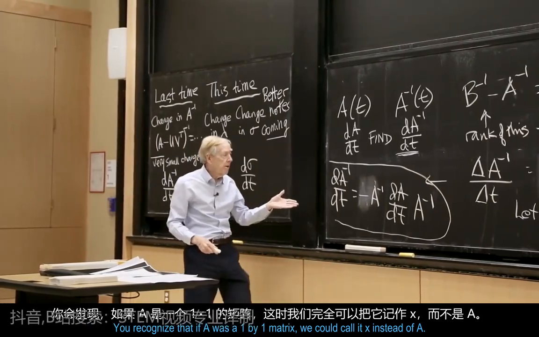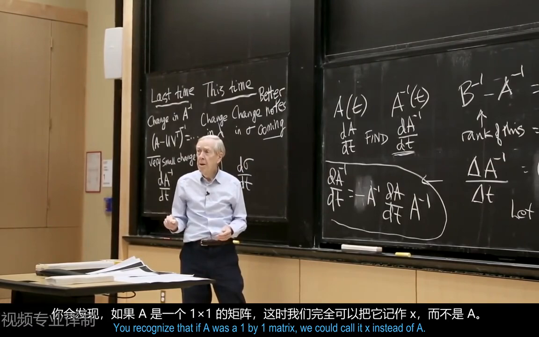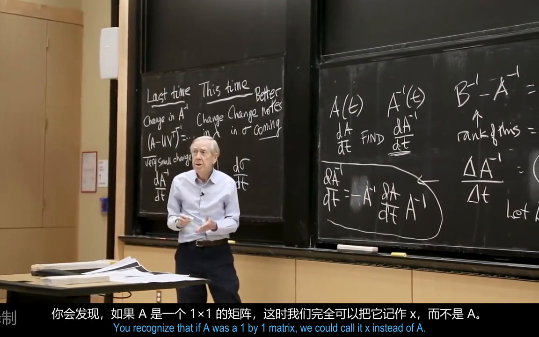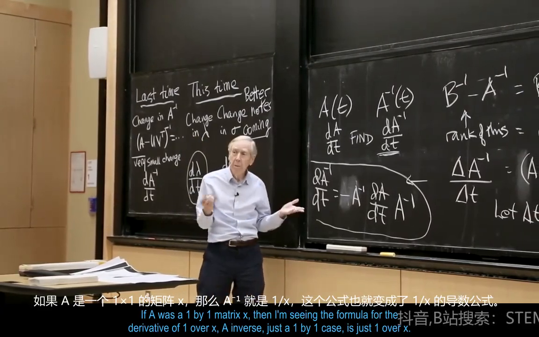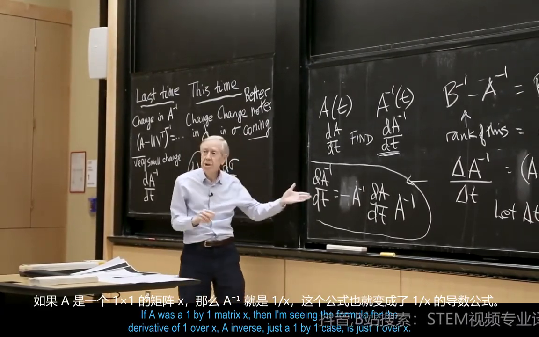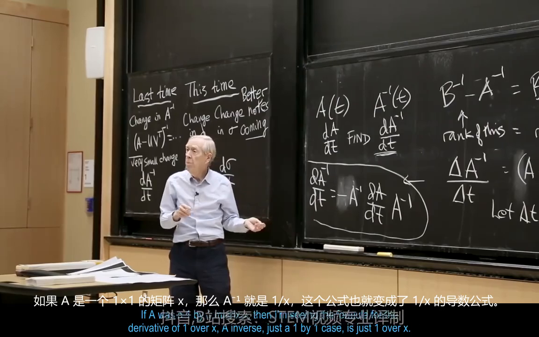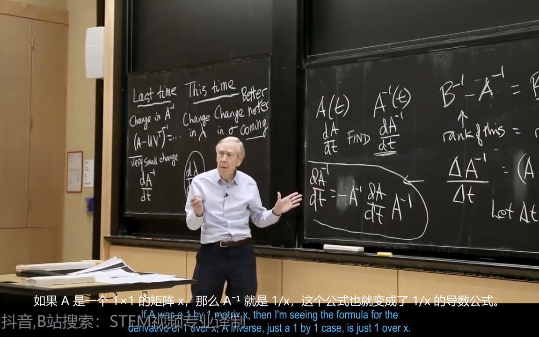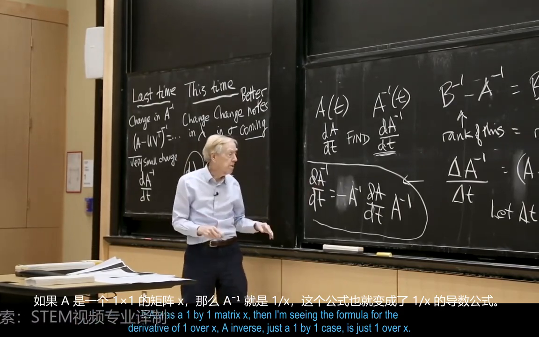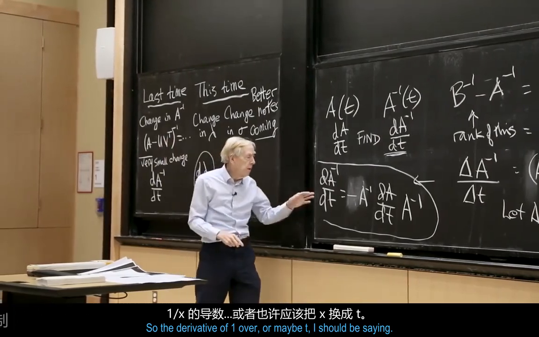You recognize that if A was a 1 by 1 matrix, we could call it X instead of A. If A is a 1 by 1 matrix X, then I'm seeing the formula for the derivative of 1 over X. A inverse, just the 1 by 1 case, is just 1 over X. So the derivative of 1 over, or maybe t, I should be saying.